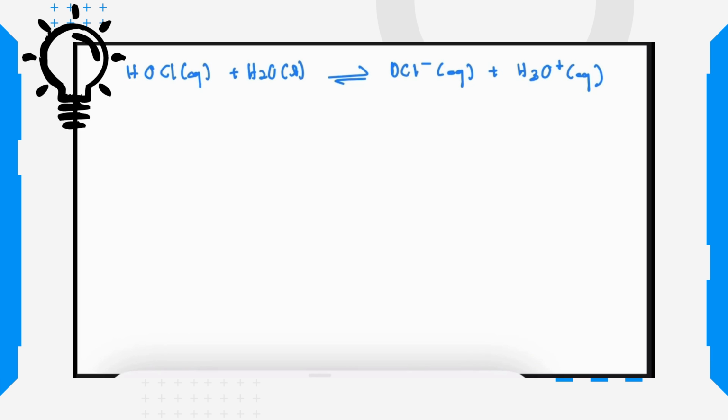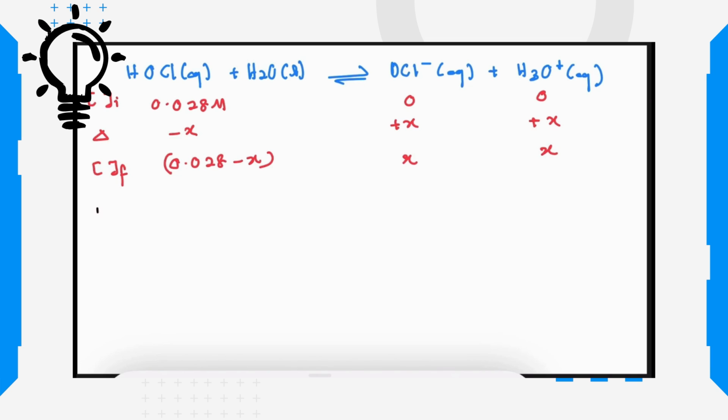Okay, so we have the initial concentration, which is 0.028 molar, and at the beginning of the reaction there is no product formed. The changes are negative X, positive X and positive X, and finally 0.028 minus X, this is X and this is X. Now we want to calculate the Ka, so we need to write the Ka expression.